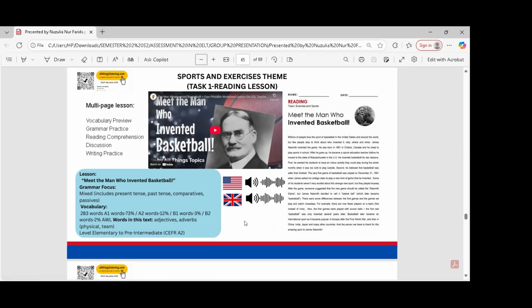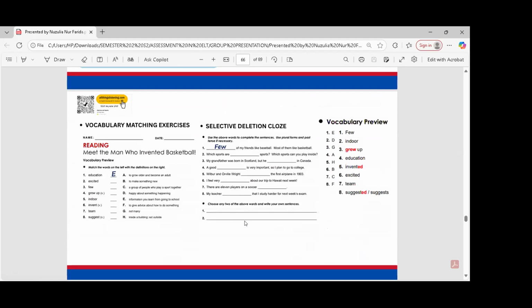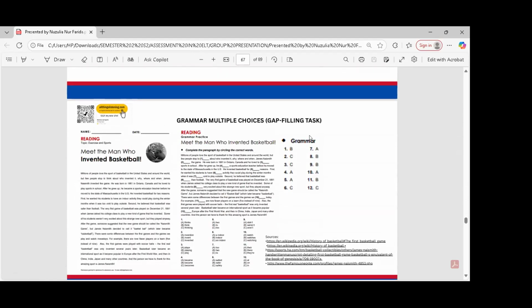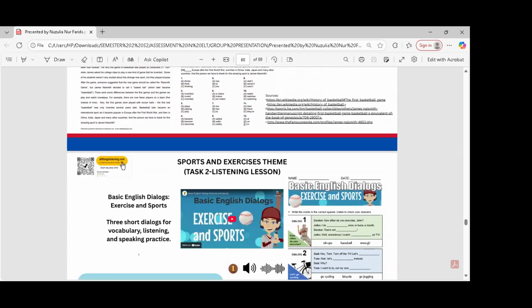And the next is, yeah, this is an example of a vocabulary matching exercise, selective deletion cloze, and then for grammar, it includes a gap filling task or grammar multiple choice.